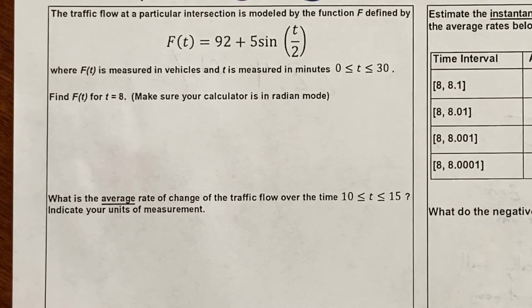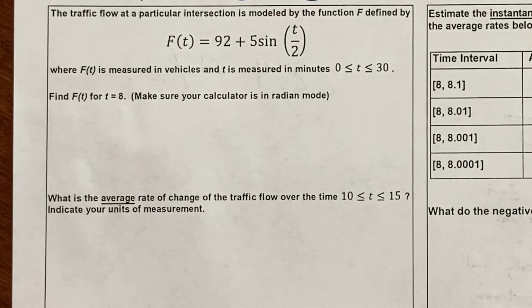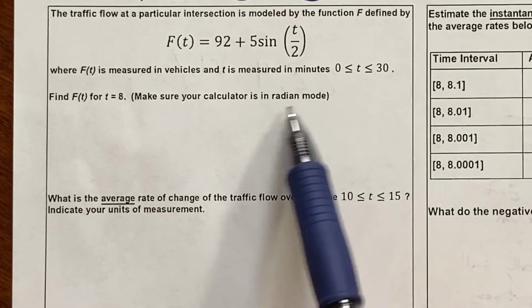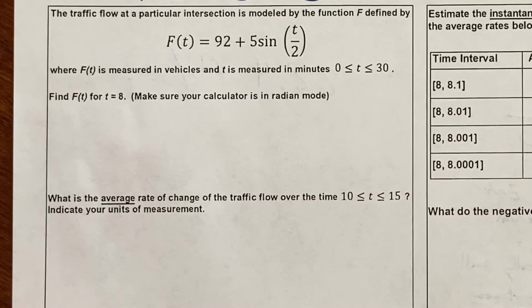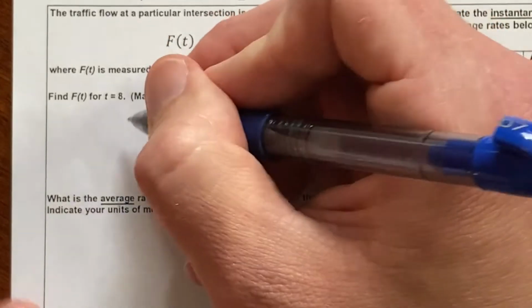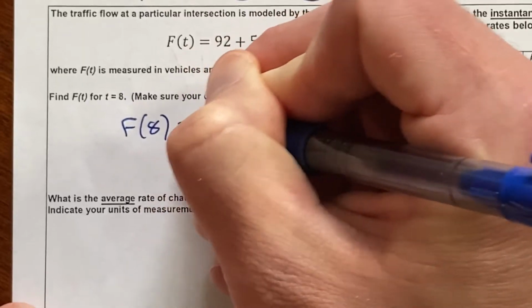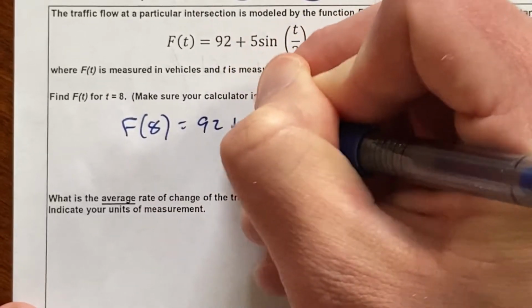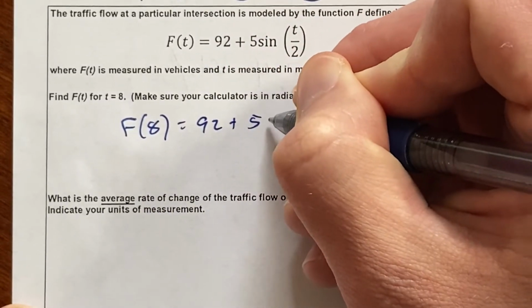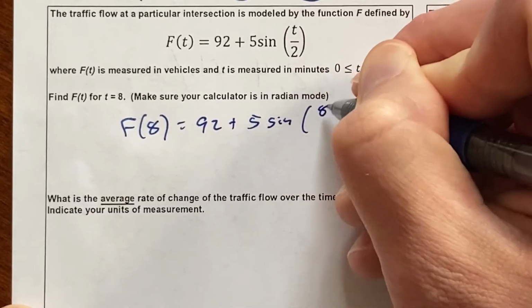Find f of t for t equals 8. Make sure it's in radian mode, obviously, when you're plugging stuff in right here. So I'm just gonna find f of 8. That one's fairly easy. 92 plus 5 sine of 8 over 2.